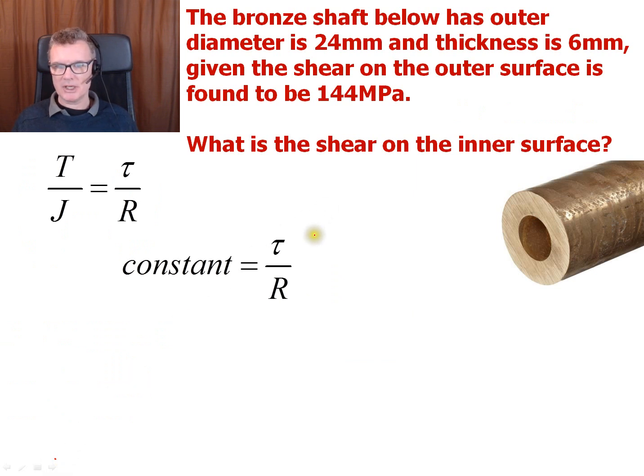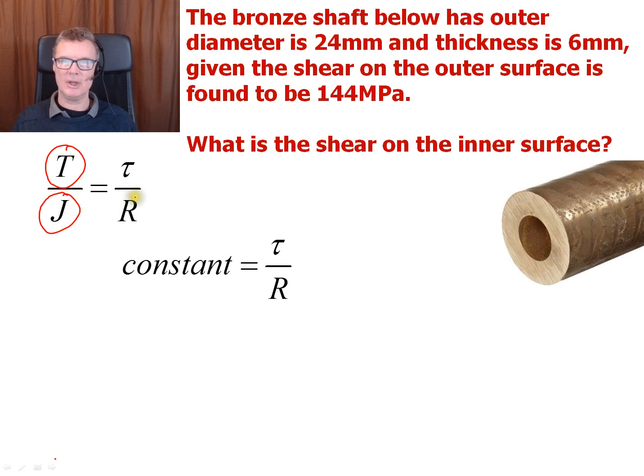So for this particular case, what I did to solve it was say, well, if you think about this term here, we're applying a constant torque, and the cross-sectional area of this particular shaft isn't going to change. So I didn't actually use the J value.